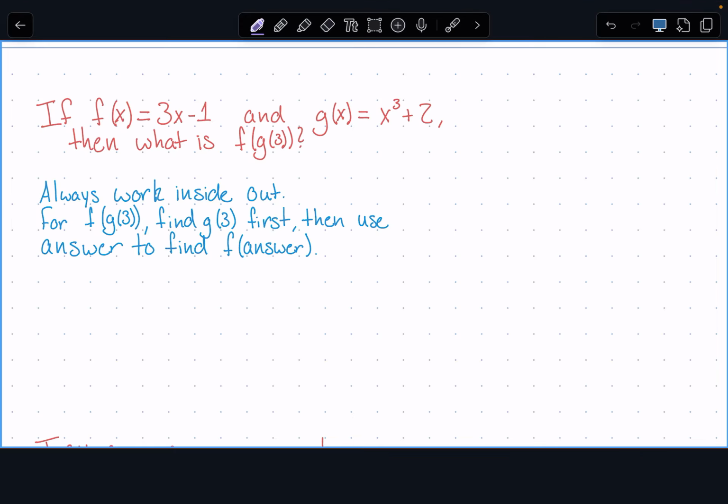So we're going to do some work to find f of g of 3. To do that, we're always going to work inside out. So that means that I need to find g of 3 first.